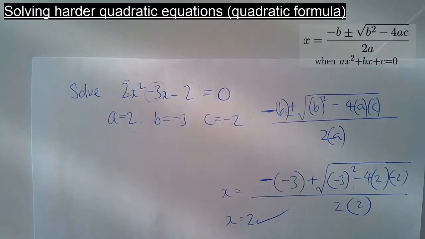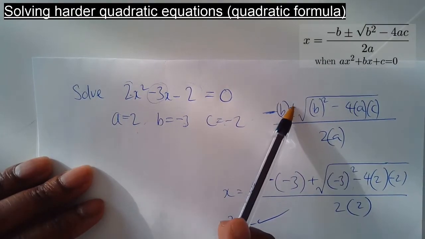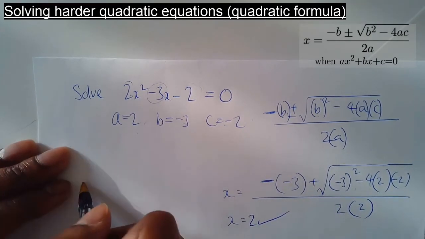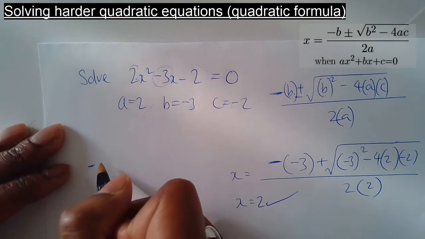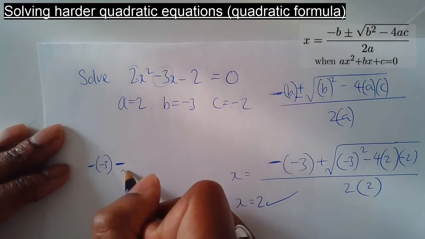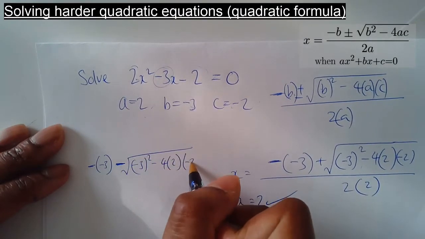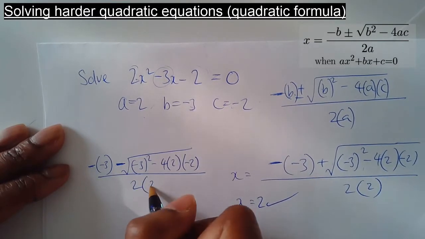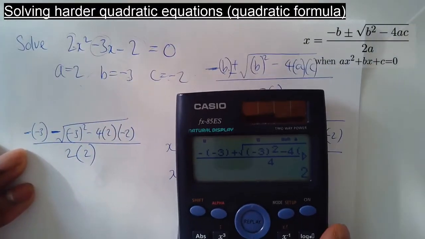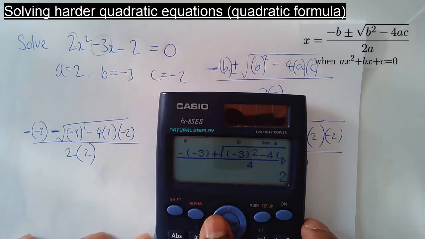So to find the other value of x, same formula, same numbers, but this time instead of the plus, I'm going to choose minus in place of plus. See, this time not plus, I'm using a minus. Now I've got the template for the formula already there, so I'm not going to delete it.